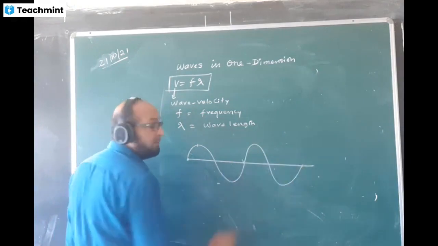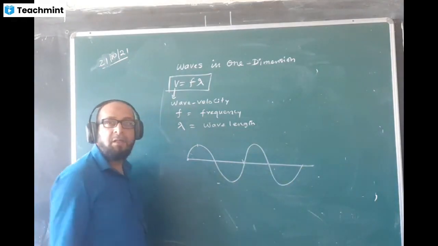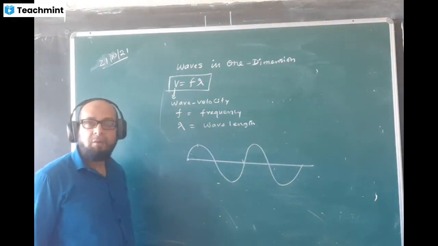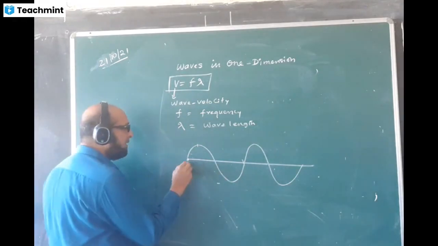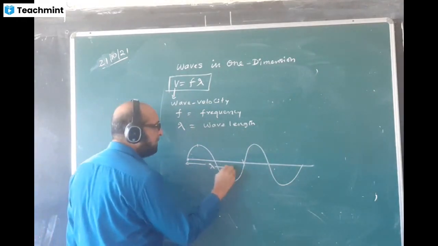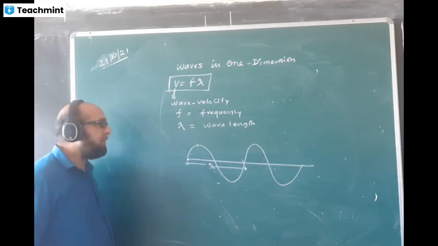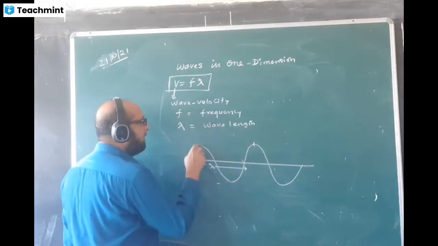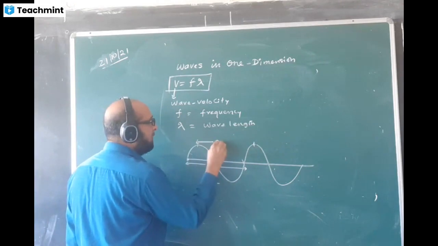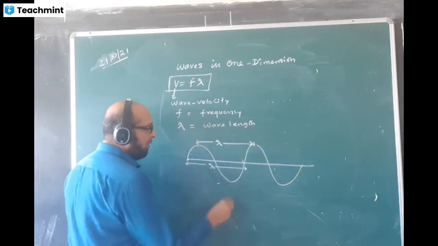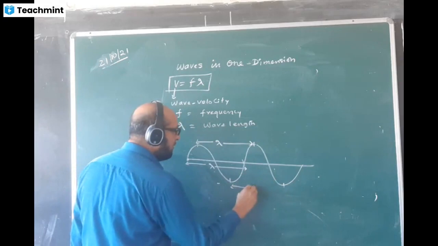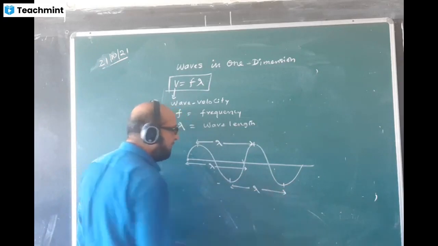There are two waves. The length of one wave is called wavelength, lambda. Even from here till here we can count one wave. This is also called wavelength, or from here till here also.